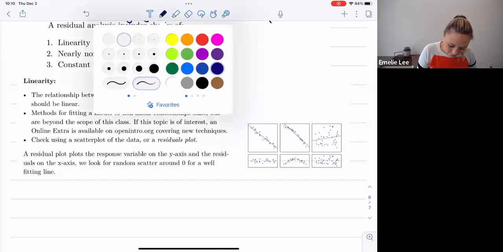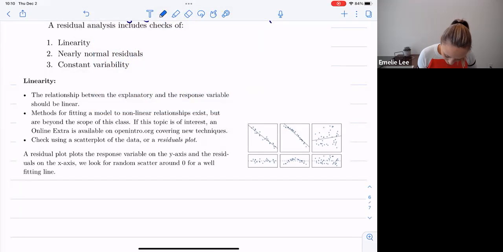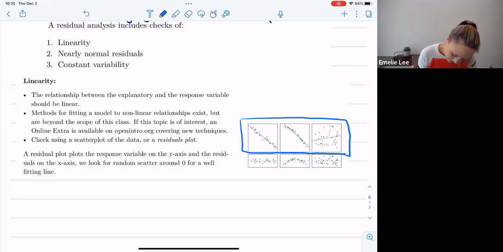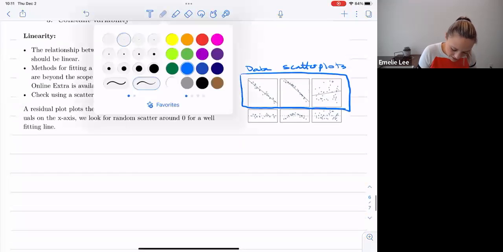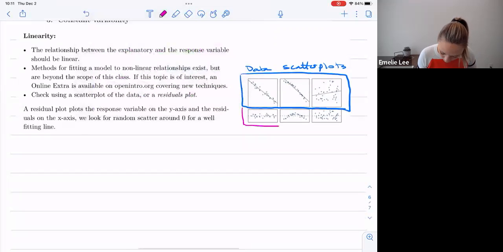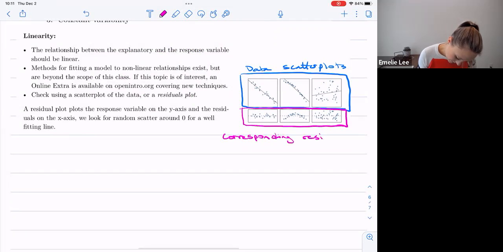And so for the linearity assumption, these top graphs are the data scatter plots, whereas these bottom ones are what we call the corresponding residual plots.